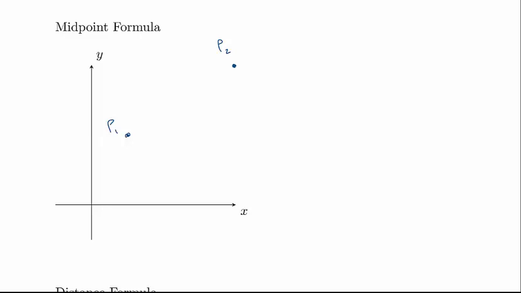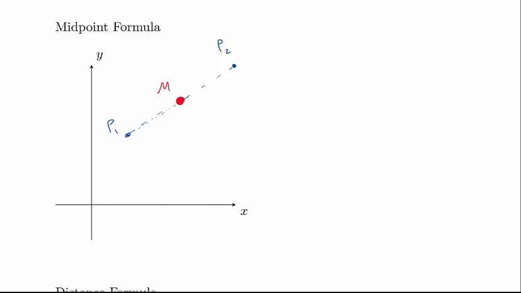So if you draw a line in between them, like so, and we're looking for the point that's going to be happening at about the middle. So we'll call the midpoint right there, and that'll be our midpoint.